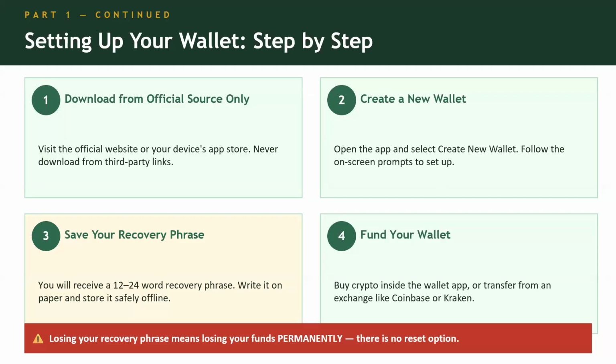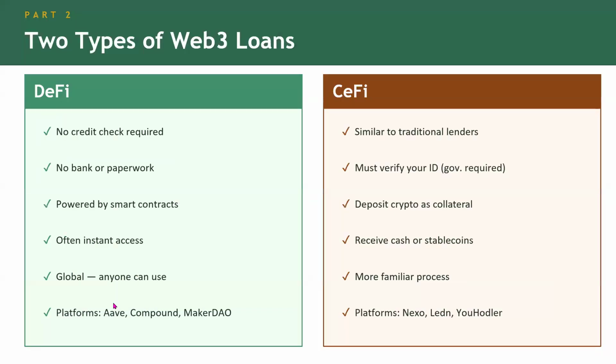Write it down on paper and store it offline. And then four, fund your wallet. Buy crypto inside the wallet app or transfer from an exchange like Coinbase and Cardano. Losing your recovery phrase means you lose your funds permanently. There is no reset option.